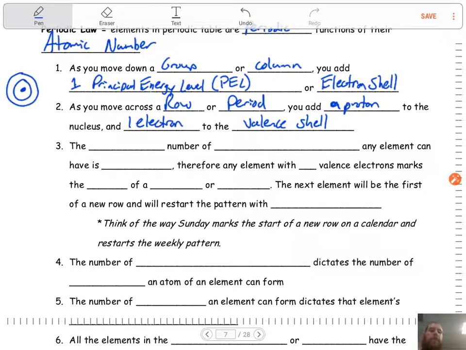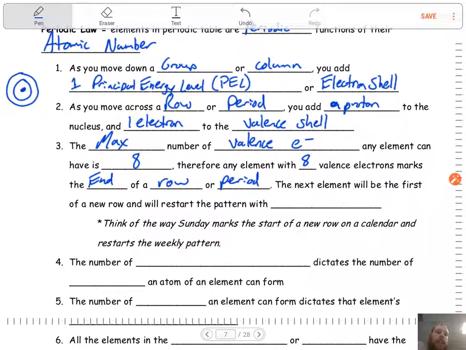One thing we have to remember as we go throughout, and when we get into bonding in our next unit, is that the maximum number of valence electrons any element can have is 8. Therefore, any element that has 8 valence electrons marks the end of a row or period. Make sure you really familiarize yourselves with periods and groups. That's what you'll see a lot.